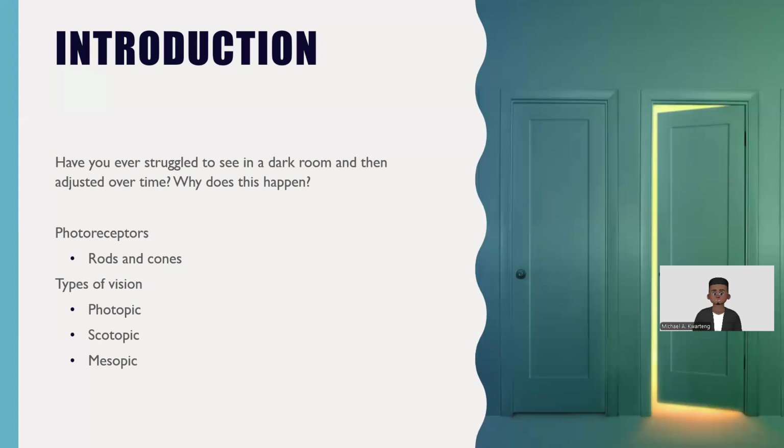The cones are used for photopic vision, that is bright light vision, high visual acuity, and for color perception. We also have the mesopic range or mesopic vision, which represents the transition between rods and cone function.